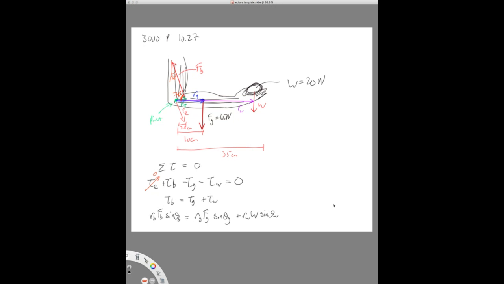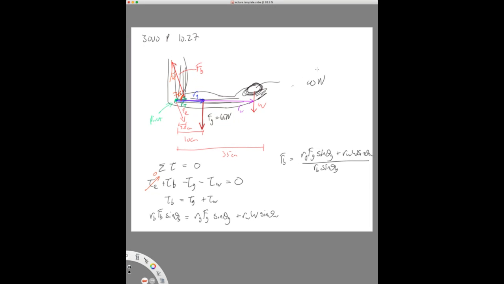Okay, so you can see this is basically the same exact math that we've been doing all along. So the force biceps will be equal to RG, FG, sine of theta G, plus RW W, sine of theta W, all of that over R biceps, sine of theta biceps.